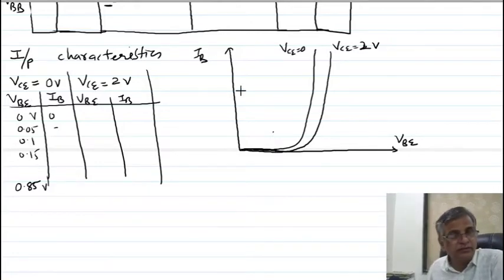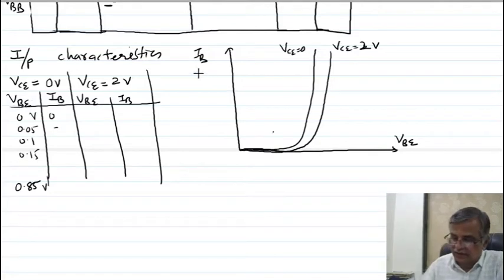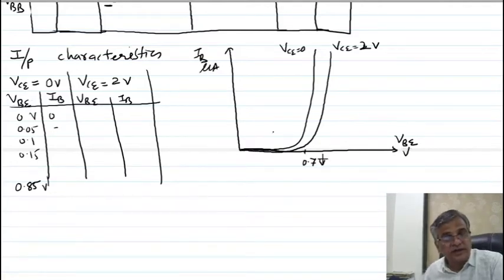This is your input characteristics. The graph of input base current, generally in microampere, versus input base emitter voltage for a constant value of output collector emitter voltage is called input characteristics. The graph of input current versus input voltage for a constant output voltage is called input characteristics.